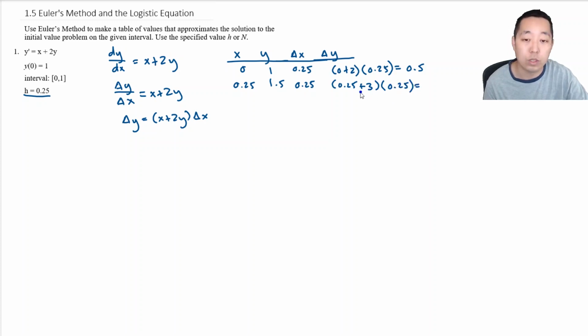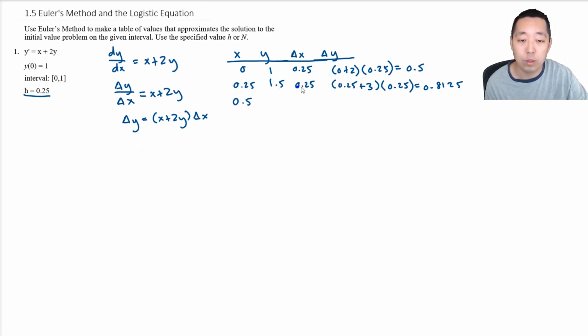That equals 3.25 times 0.25. I can use a calculator for this: 3.25 times 0.25, and I get 0.8125.